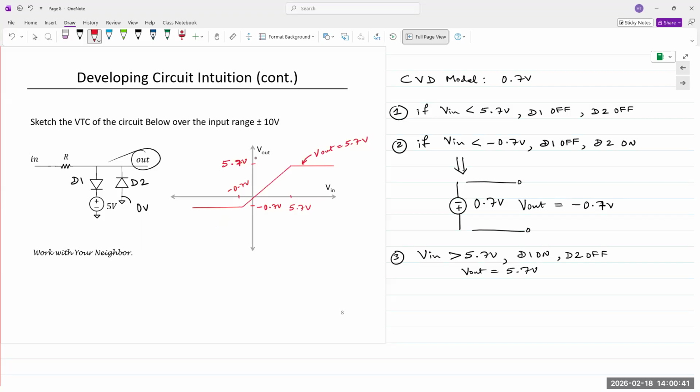Not quite passing through the origin, but that's how it should look. The only difference is that we have D2 connected in there, and because of D2, it conducts when it's less than minus 0.7 volts. So when V in goes negative, diode D2 turns on, and the output is now held constant at minus 0.7 volts.